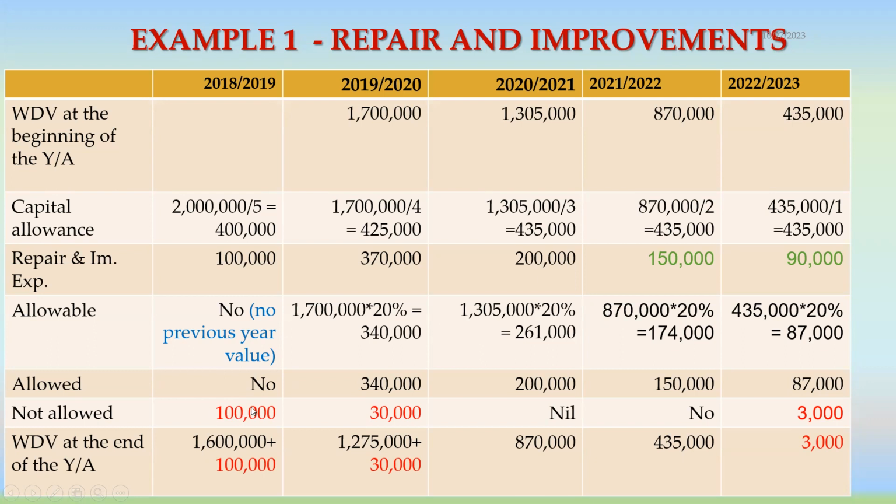If not allowed, what do we have to do? We can add this not allowed amount into the depreciation basis of the asset. Depreciation basis means the amount after deduction of the capital allowances relevant for that year. That means cost minus capital allowances, that is the written down value.